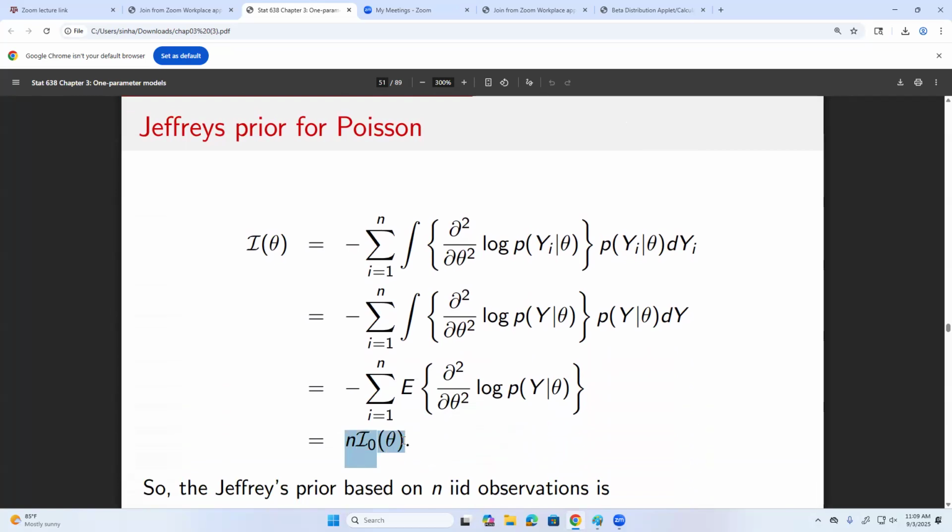So information for a single observation and based on n IID observations are proportional. That is the bottom line, because when you take expectation, there is no distinction between whether it is calculated based on the first observation, second observation, third observation, or the nth observation.